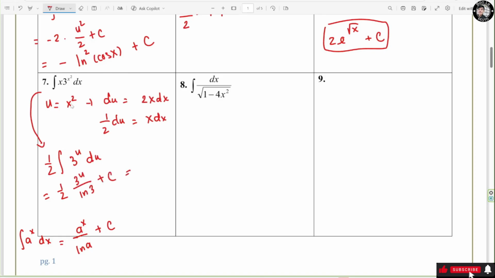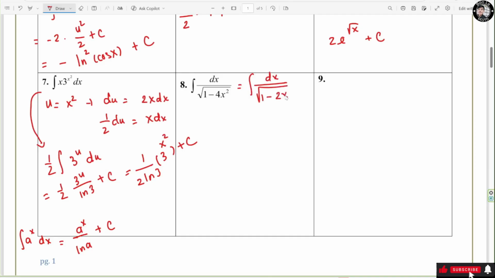Substituting s squared for u, it could be 1 over 2 ln 3 times 3 to the s squared plus c, right?